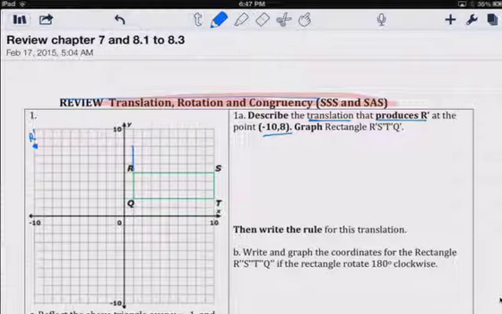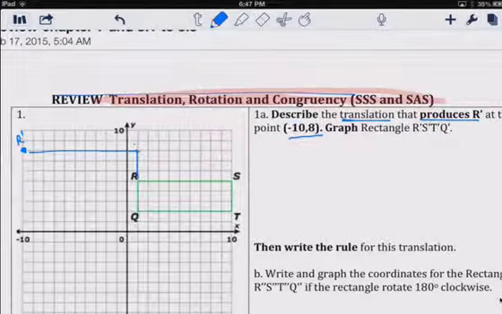Up 3, you notice that, and over we can count. So up 3, and left 11. So left 11.